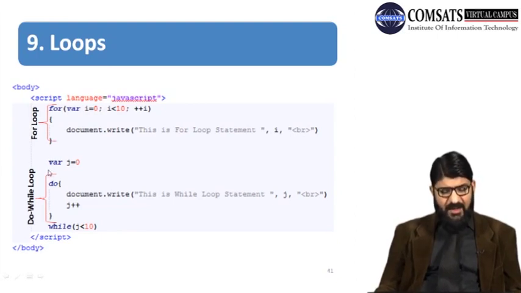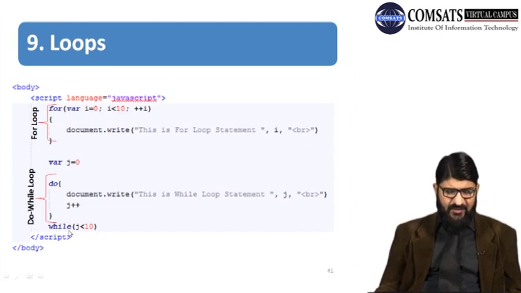Again, after the for loop a while loop is given, where variable j is initialized to 0 by default. Then document.write, in the while loop, prints the value of j every time, gives a line break, and increases the value of j, while j is less than 10.